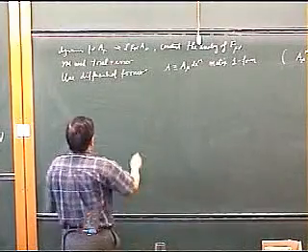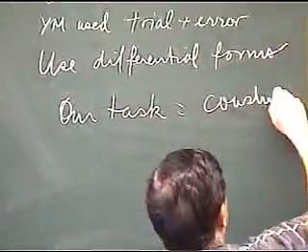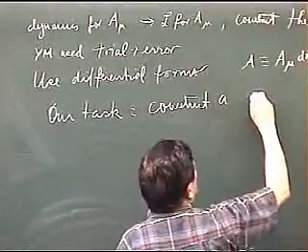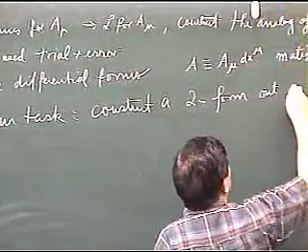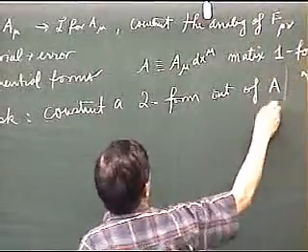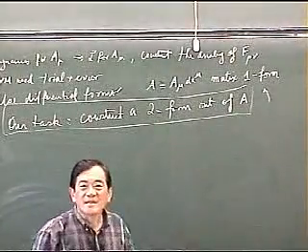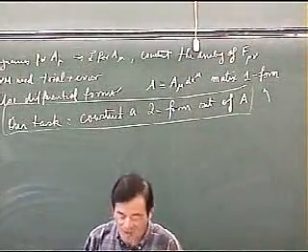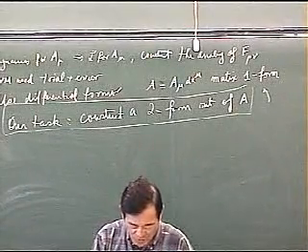Okay, our task is to construct a 2 form out of A. So this is our job. Apparently, as I said in the story, Yang himself struggled for many years as he first thought about this as a student.